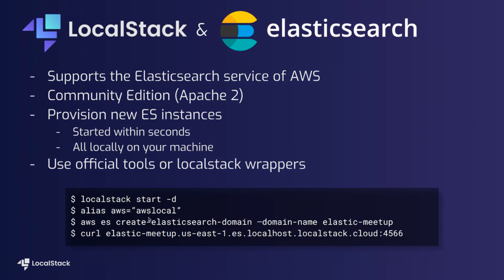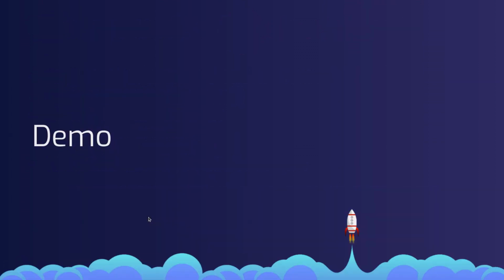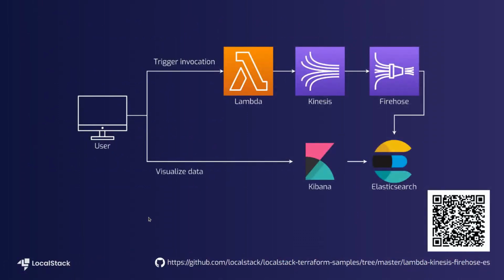Yeah, and then let's jump to a real demo. What we want to do is basically implement a workflow which I just outlined a few minutes ago, where you have a Lambda which is triggered with, I don't know, a Lambda URL in this case, which creates some data, sends it to a Kinesis stream.